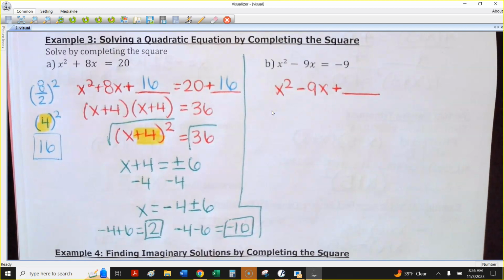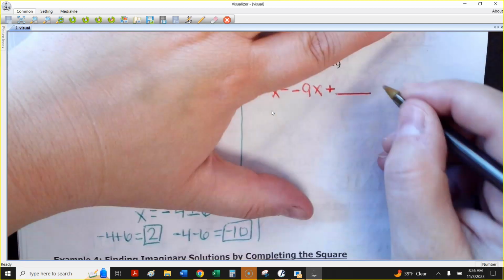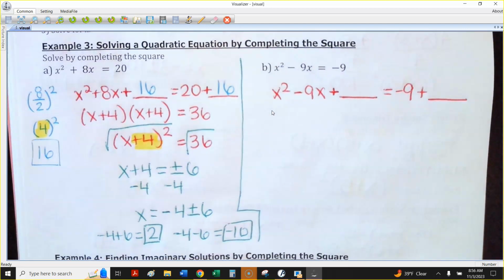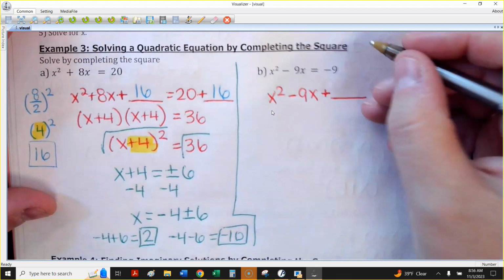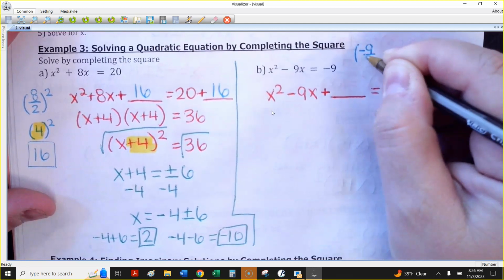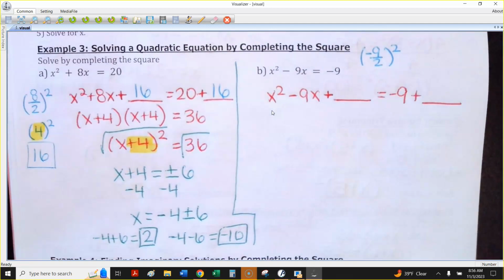If that b value is odd, like it is for this question, what I'm going to add there is going to be a fraction. All right, now the other side is going to be negative 9 plus whatever the number is we're going to use to complete the square. So to save some space, I'm going to write my magic number up here. My b value is negative 9. I'm going to divide that by 2 and square it.